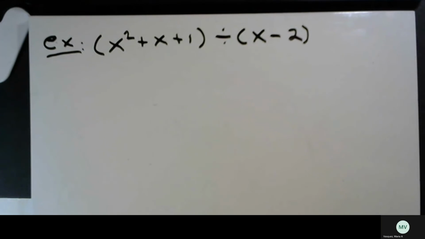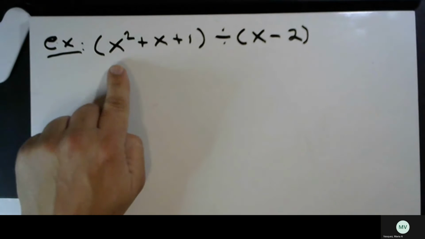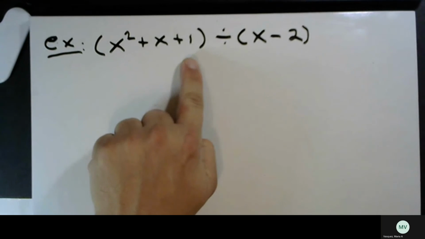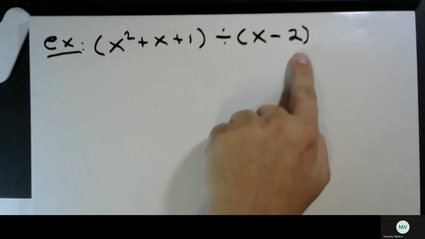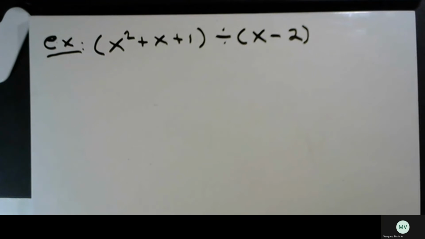So first off, we want to check for standard form. Highest degree to lowest degree. So we're good. We've got it in standard form. Now we're going to put it in long division form.